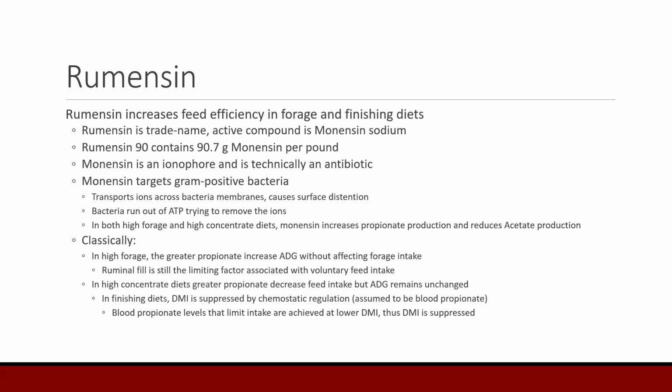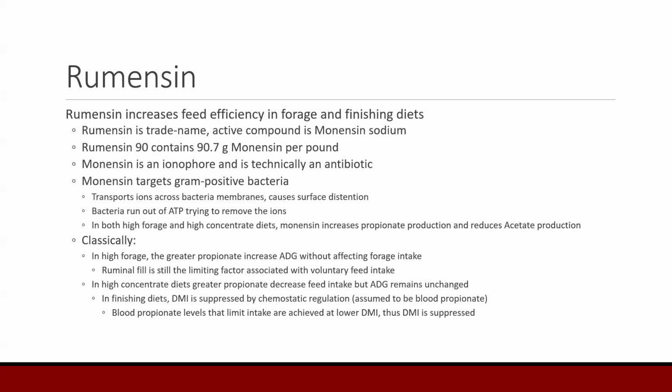All right, Rumensin. This is the trade name for monensin. Monensin sodium is labeled to be fed to increase feed efficiency in forage and finishing diets. Rumensin 90 is the Type A medicated feed. It contains 90.7 grams of monensin per pound.